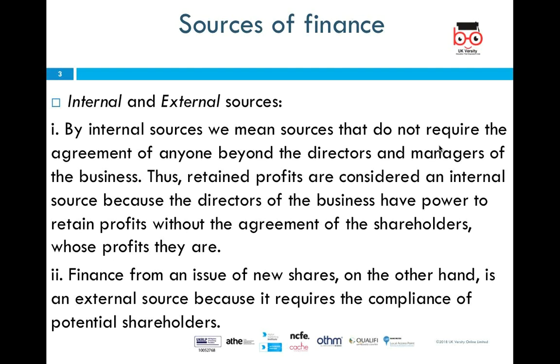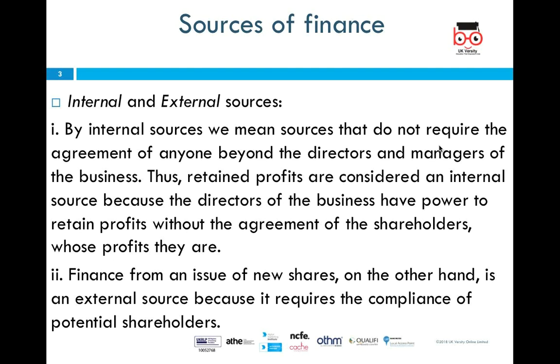And when we see PLC at the end of a company name, that's a public limited company, funded by shareholders, and listed in the secondary market, capital market, stock exchange. That's the difference between limited and PLC, and how the company can raise money. That's one idea of how we can identify the different sources of finance.